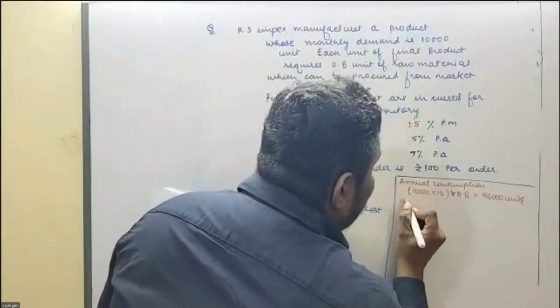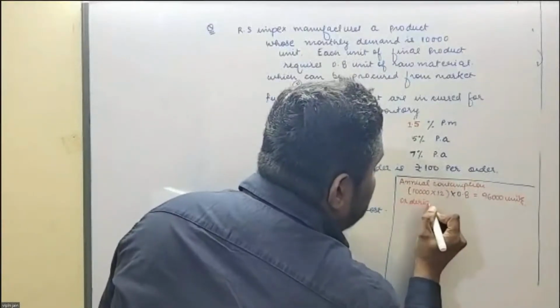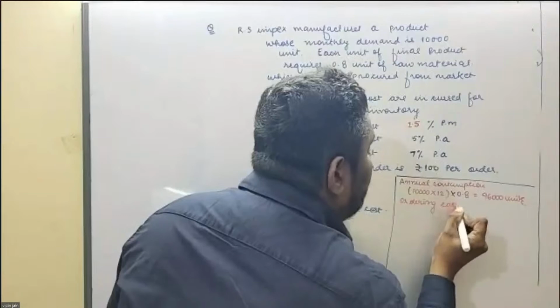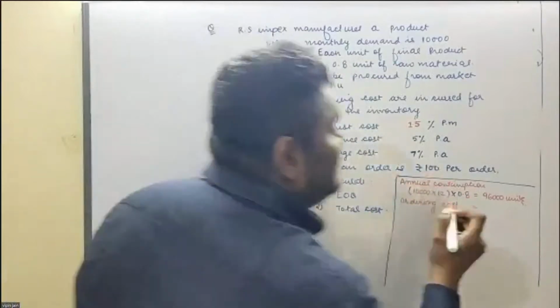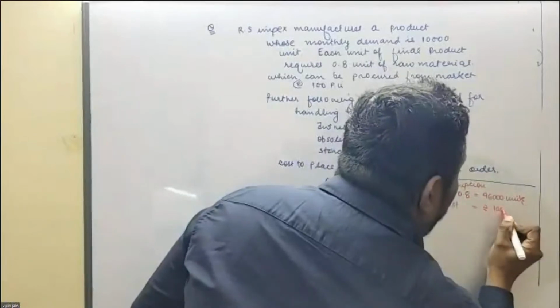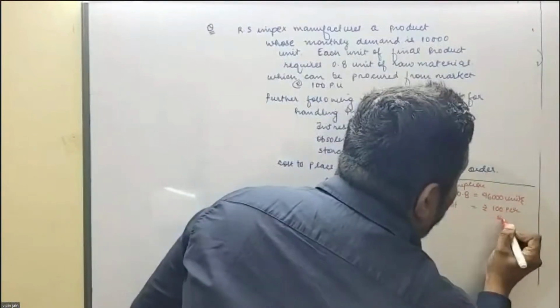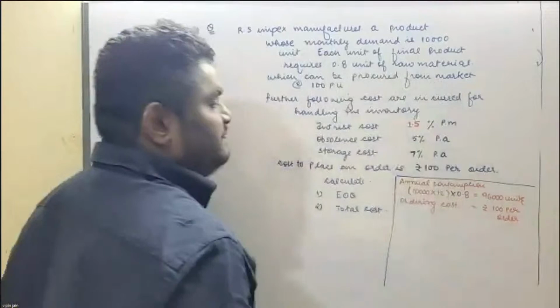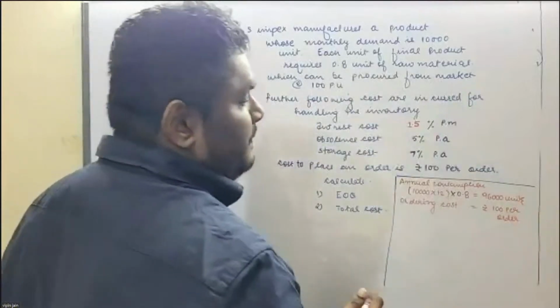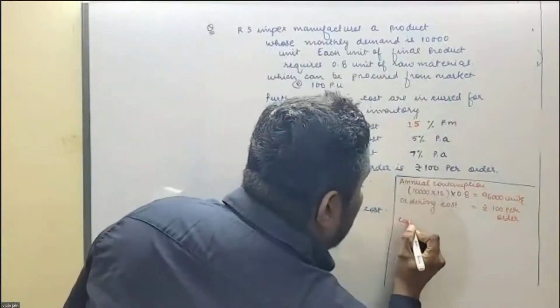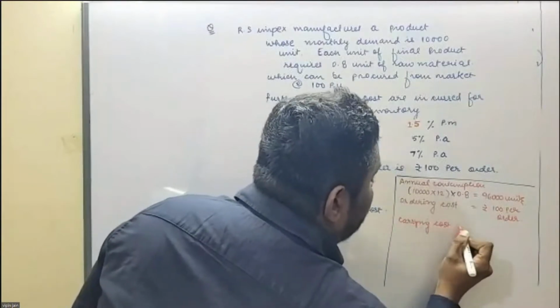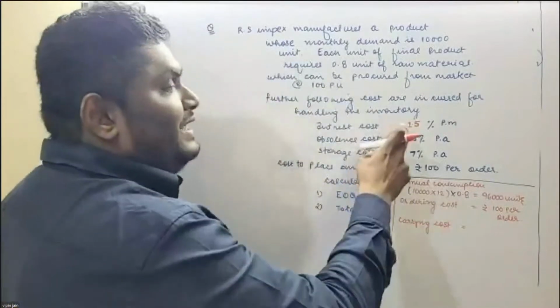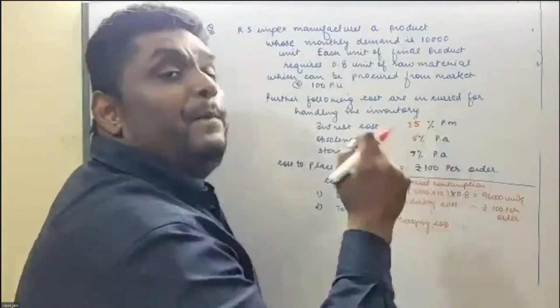Now let's proceed further with ordering cost. It is given straight away in the question that it is rupees 100 per order. Thereafter, when talking about the carrying cost, it is 1.5% per month.